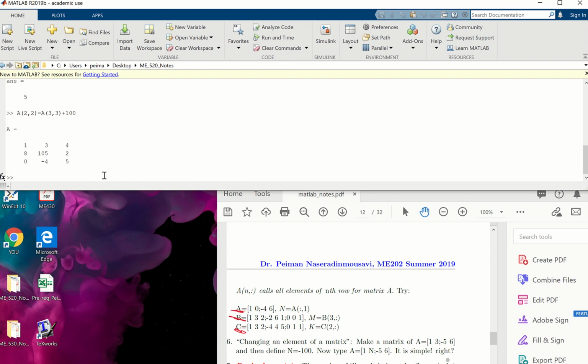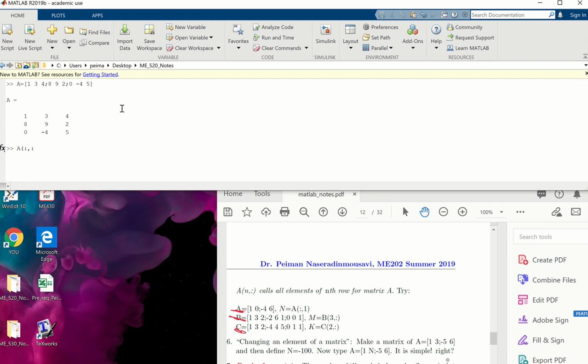Let me teach you another thing. Say I'm going to say A, all rows and all columns. So A is this, right? Let's say I want to change all the elements of the matrix.